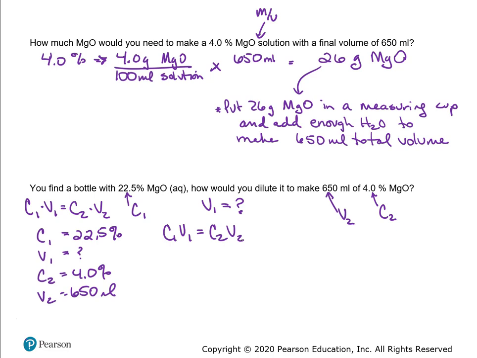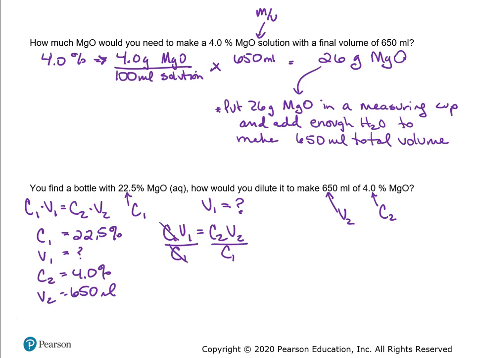How do I get V1 all by itself? So I've got to move C1 over to the other side. That's C1, not 2. So I have to divide both sides by C1. See that will cancel. C1 moves over to the other side into the denominator.